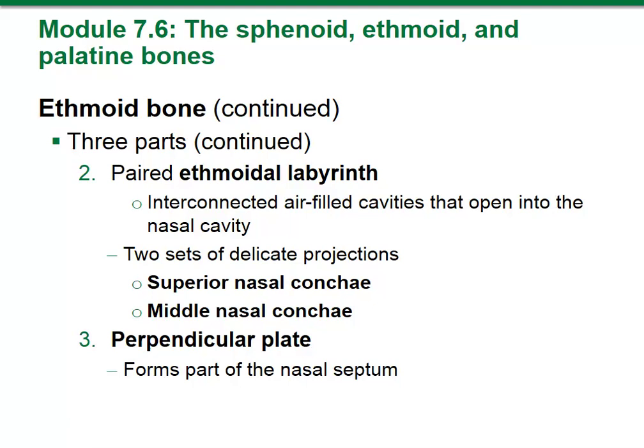I will say you've got a paradigmoidal labyrinth with two sets of projections called the superior nasal concha and the middle nasal concha bones that go into the nose. Again, you don't have to memorize those. And then the perpendicular plate that forms part of the nasal septum that goes down the center.